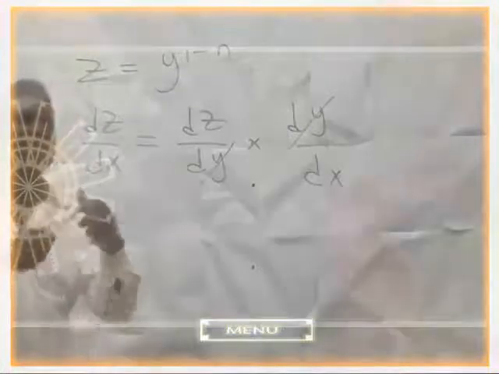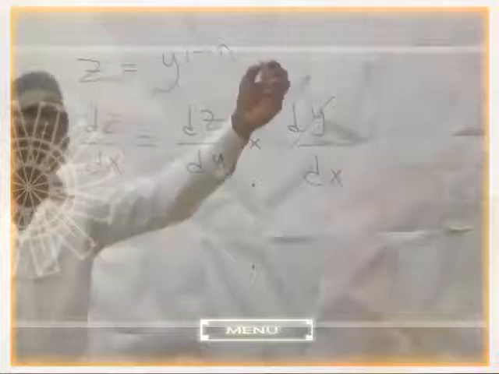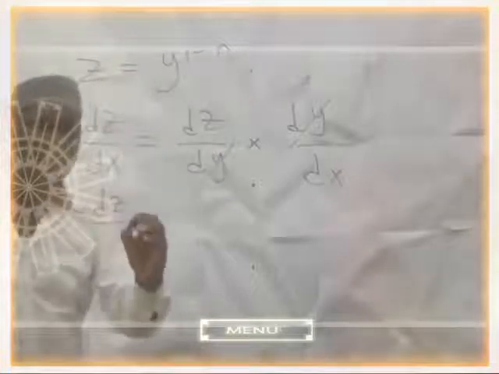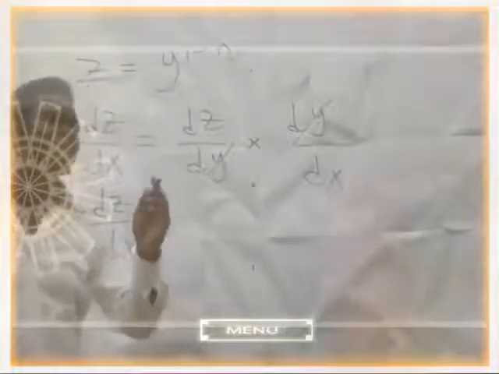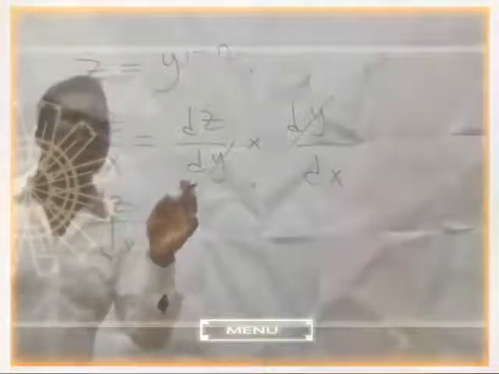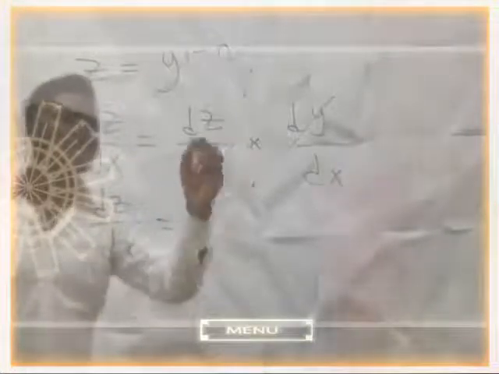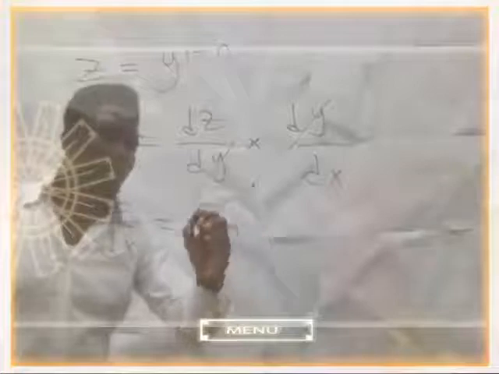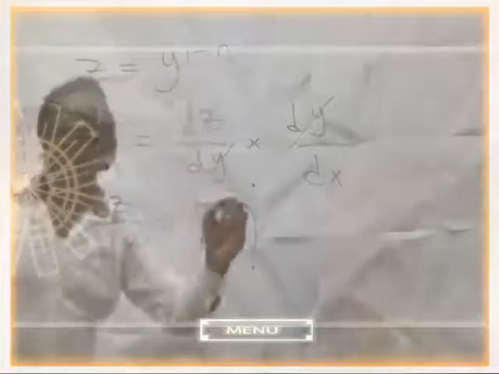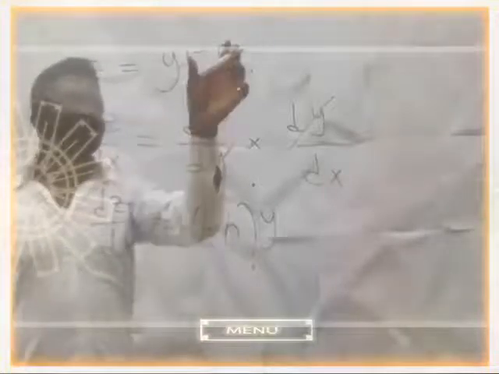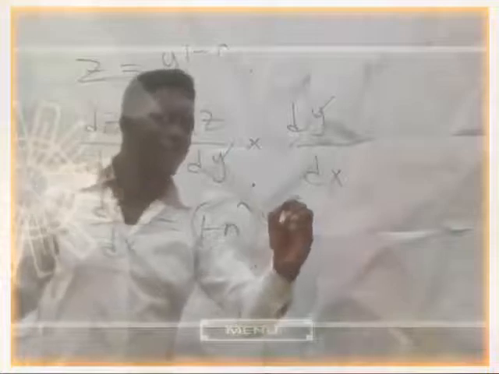So the dz/dx, from this equation now, the dz/dx will be the dz/dy, which is 1 minus n multiplied by y. This multiplied y, I remove 1 and I have minus n.